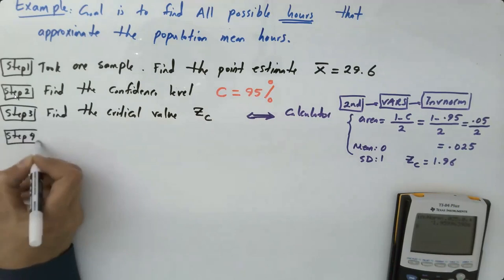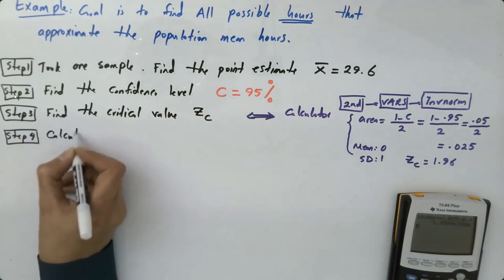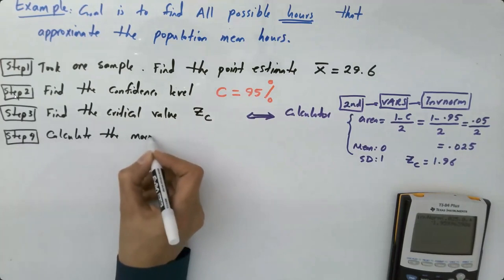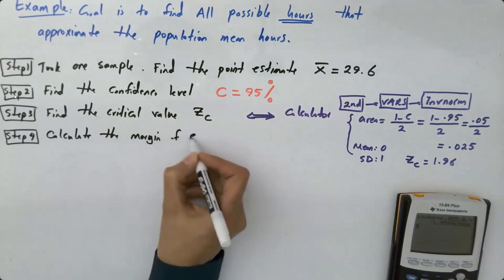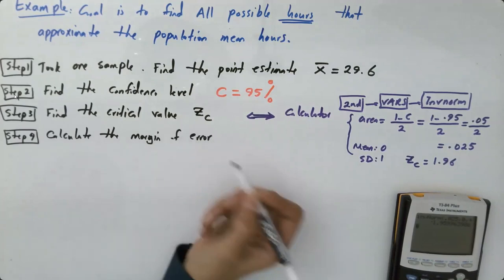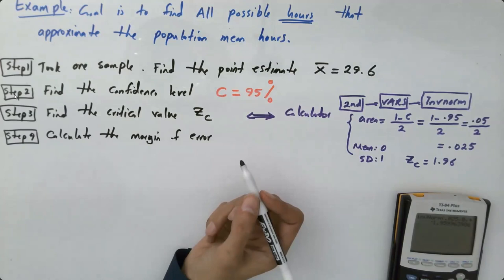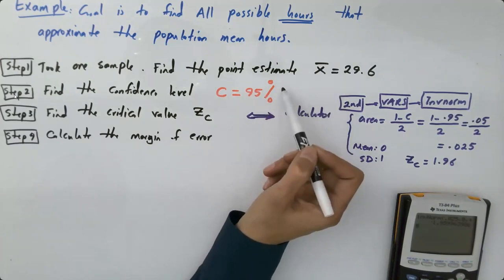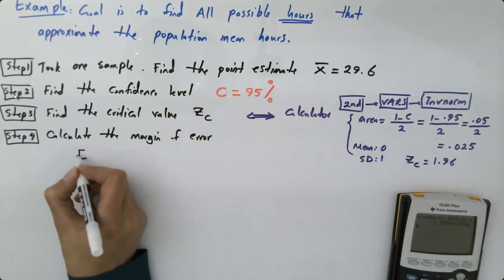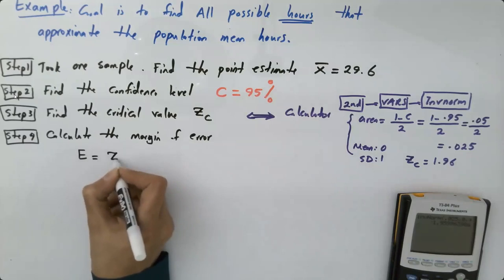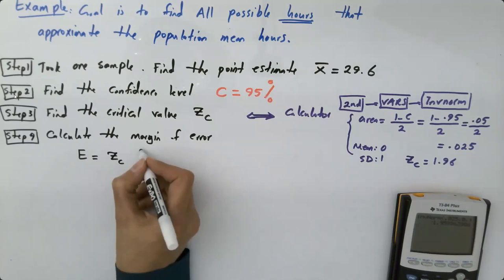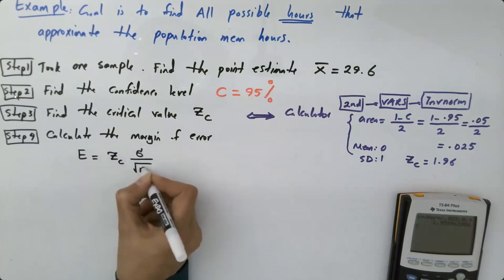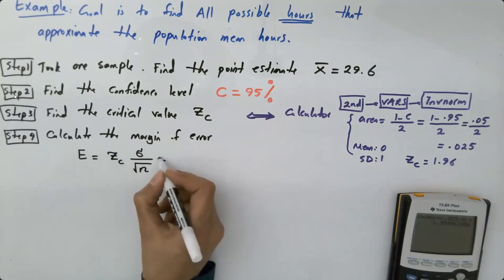Step 4. Calculate the margin of error, the maximum distance between the population mean and the sample mean, which is denoted by E equals Z sub C times sigma divided by the square root of N. Very good.